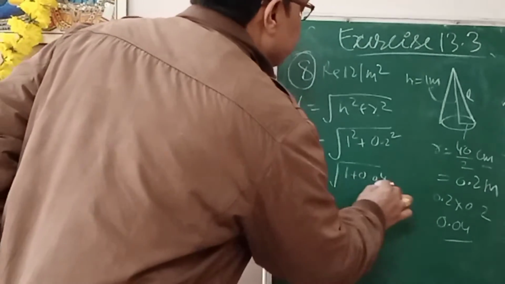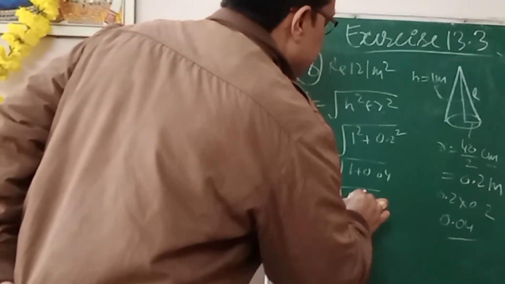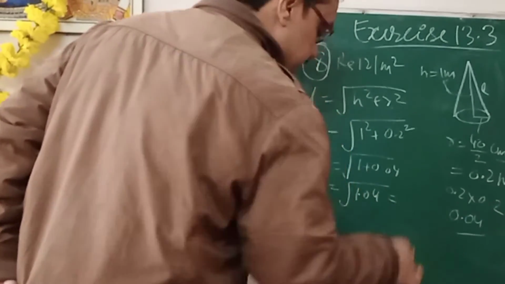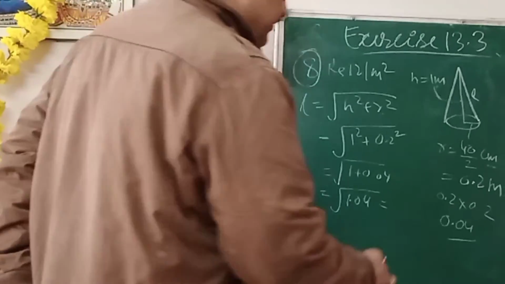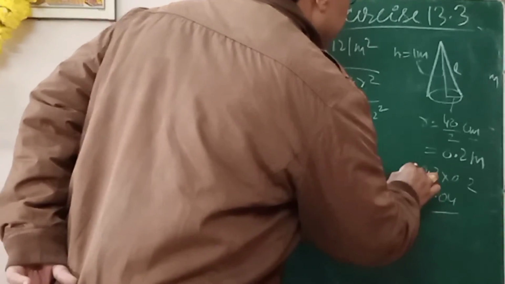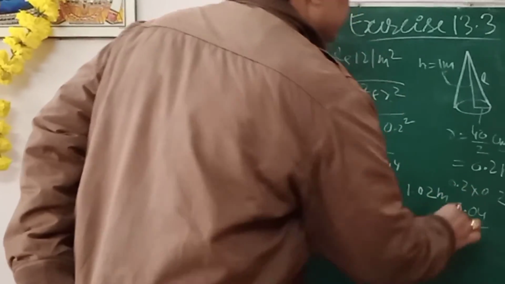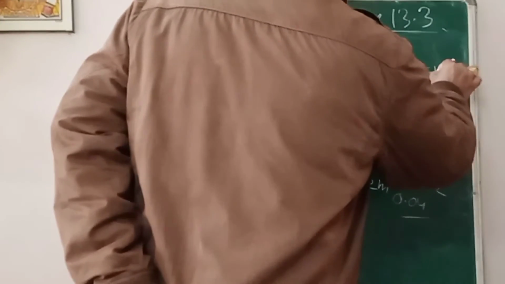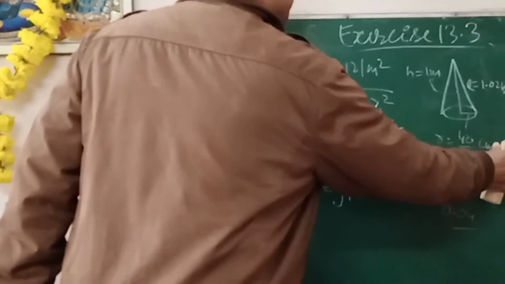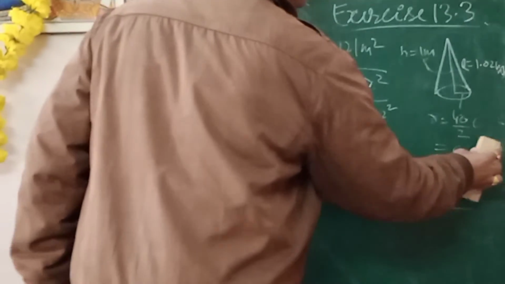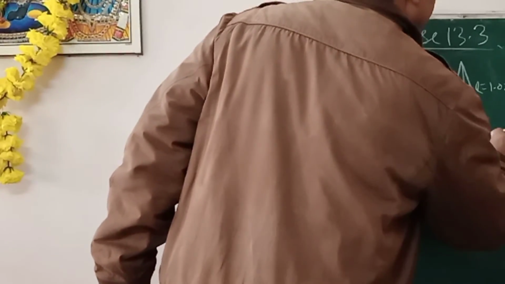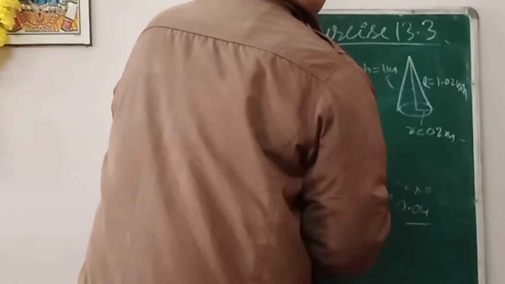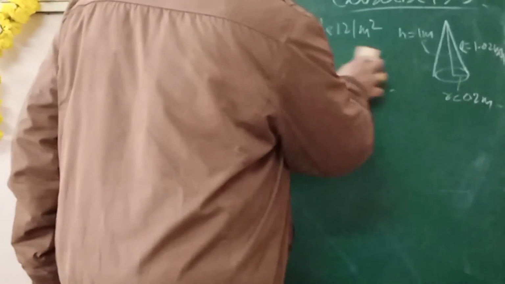So this is under root 1.04. In the question it is given that under root 1.04 is 1.02. So L is 1.02 meter, and R is equal to 0.2. Now we know this.